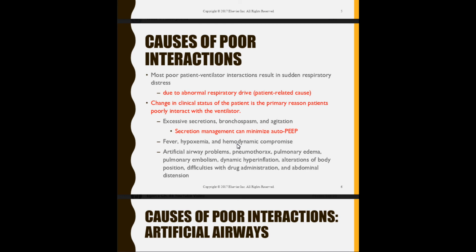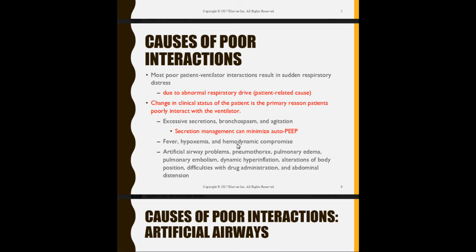Okay, you might have some excessive secretions, bronchospasms, and agitation. And just remember too, besides agitation, excessive secretions and bronchospasms deal with upper airways. Okay, so when you have upper airways problems, the airway resistance increases.